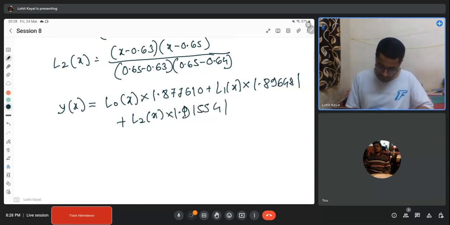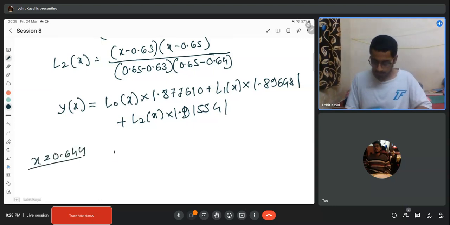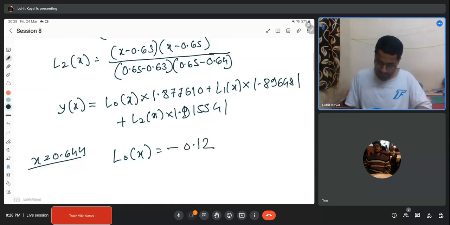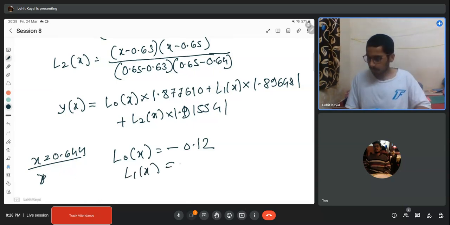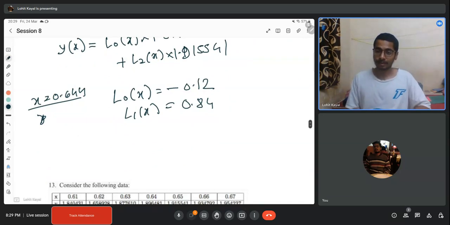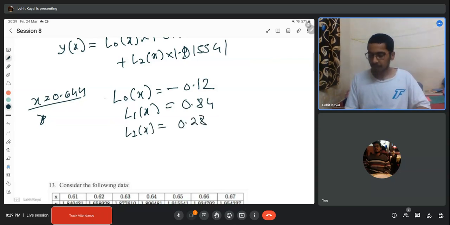Right, now if you put x equal to 0.644, you will find that L naught of x is equal to minus 0.12. L1 of x is 0.84. Now can you guess without doing anything the value of L2 of x? The value of L2 of x is equal to 0.28.